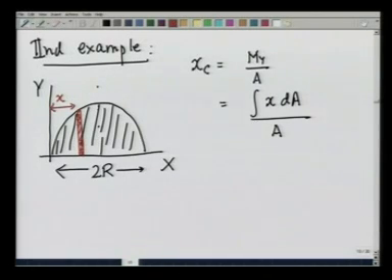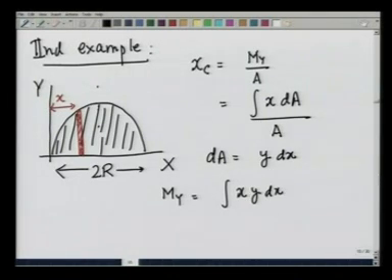You can see that dA in this case therefore is going to be the area of this strip, which is y dx, and therefore m y is going to be integration x y dx, x varying from 0 to 2r.